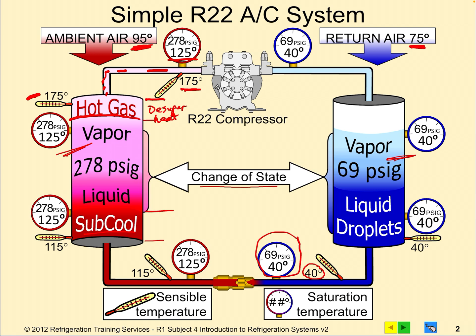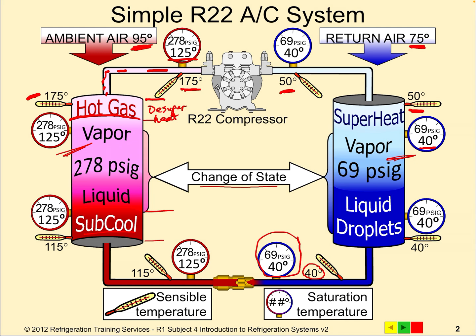Now we're all vapor, and at that point we should be able to add a little bit of extra superheat, giving us a temperature change from 40 up to 50. And then of course we will enter the compressor at 50 degrees. So that's what is going to happen on a very, very basic system.